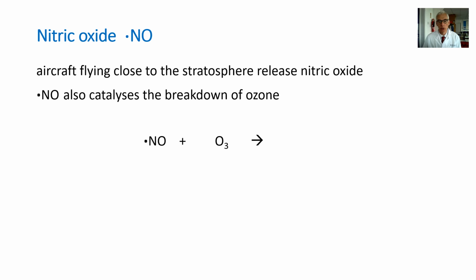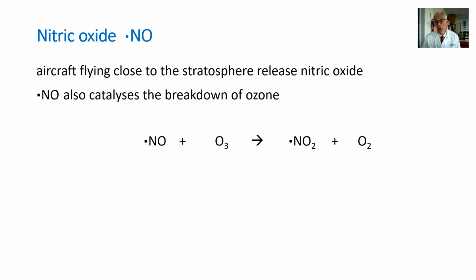If it collides with an ozone molecule, could you predict the outcome of that reaction? So I'm going to reveal the products of that. NO2 is formed and dioxygen, O2.